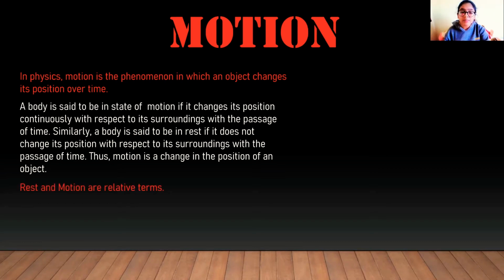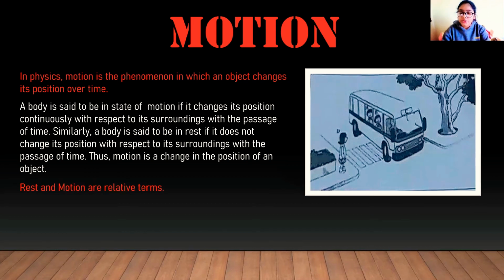Now, rest and motion are relative terms. How? See this picture and you'll be very clear. Here, a tree on the roadside is in the state of rest as it's not changing its position, but the running bus changes its position with respect to the tree.